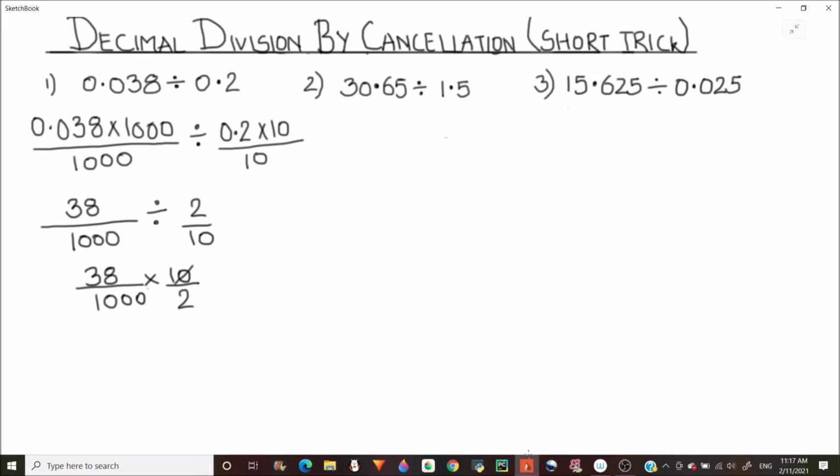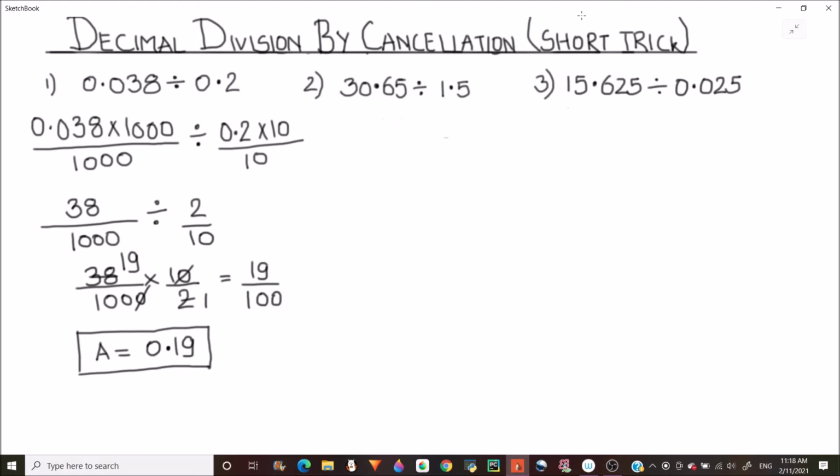This 0 gets cancelled with this 0, and 2 times 1 is 2, and 2 times 9 is 18... so our answer will be 19 over 100, and this can be done orally as there are 2 zeros in the denominator. So our decimal will be 2 digits to the left. So our answer will be 0.19. So this is our final answer.